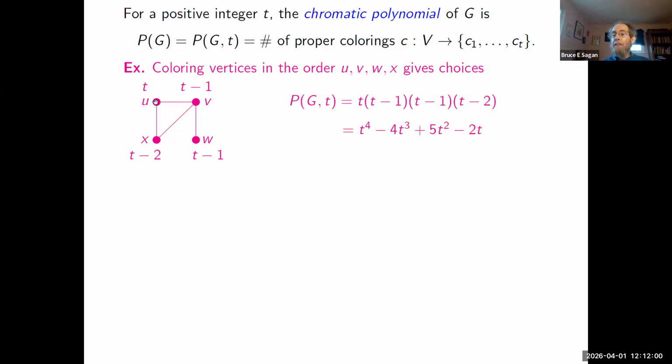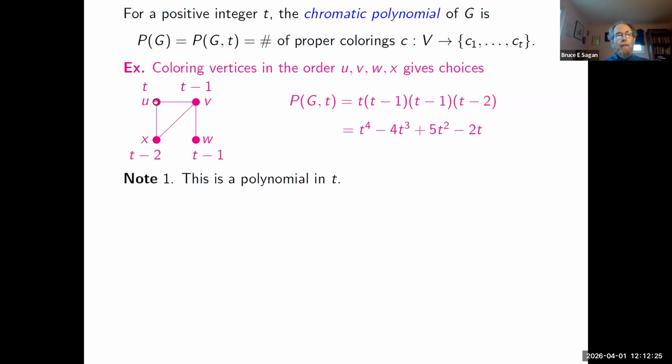And that's a polynomial in T, the number of colors. And as I'm fond of saying, that is not an accident. It turns out that P of G is always a polynomial in T for any graph, and we'll prove that shortly. But just let me make sure. Any questions about this example? Things clear?